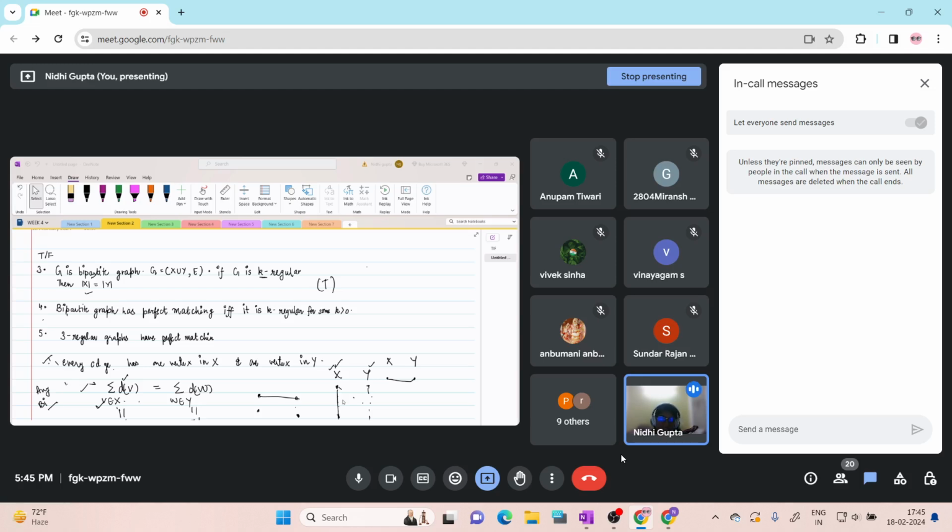But if it need not be true, then the statement is false. Can we say that if a bipartite graph has a perfect matching, then it has to be k-regular? So you are saying a bipartite graph can have a perfect matching only if it is a k-regular graph.